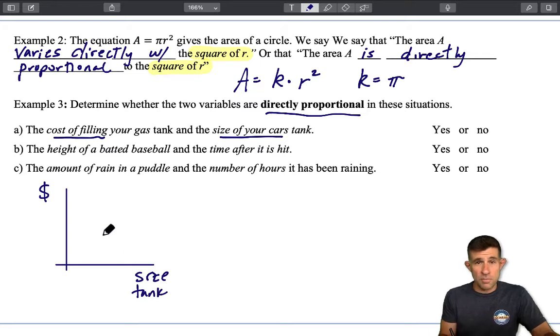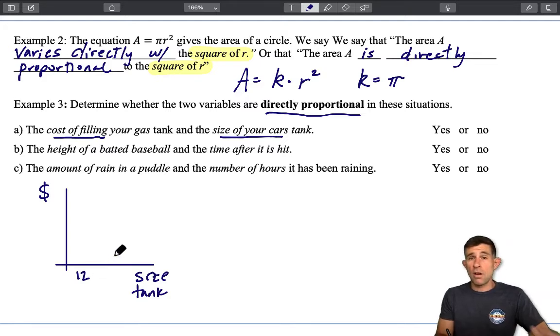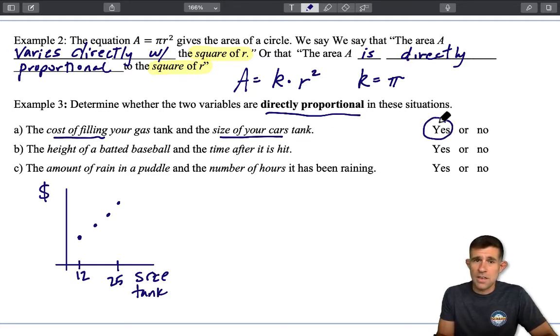Now you could have a very small car like a Mini Cooper, and it might have a small tank of only like 12 gallons, but you might also have a very large car like some sort of SUV, a Land Cruiser, and it might have a tank of 25 gallons. Well, if you think about the cost, these costs would increase as the size of your tank increases. And yes, this would be a directly proportional relationship. So we're going to say yes for this first one here.